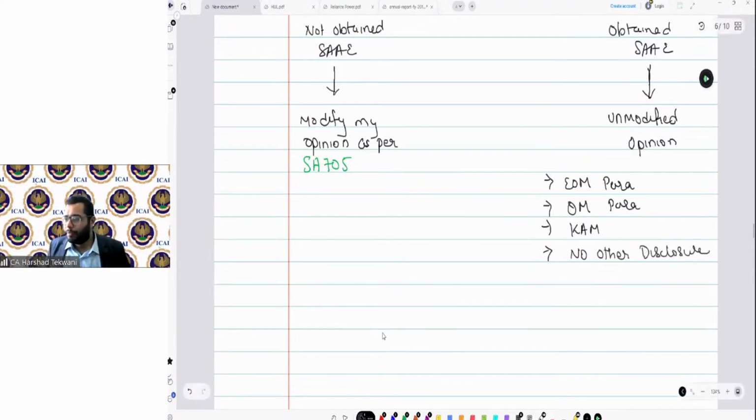So what will you select? Let's see the answers. If you are saying I'll include the EOM para, in that case that will not be appropriate, because it's not relevant to the users' understanding of the financial statements.